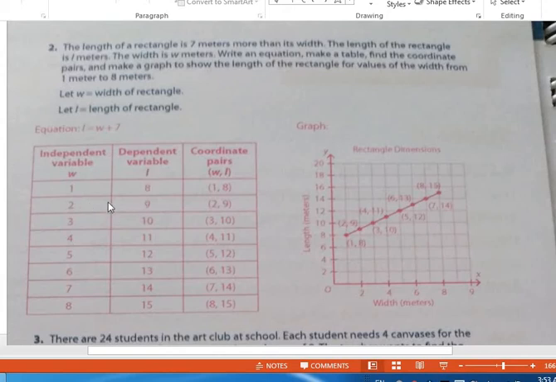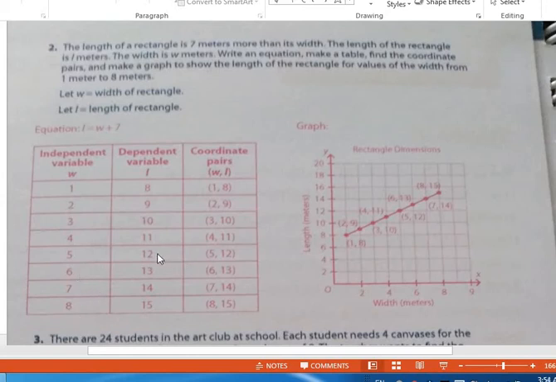The second one, if the width is 2, L equals 2 plus 7, which gives 9. For the third one, if the width is 3, then 3 plus 7 equals 10. So length equals 10, and so on until 8.